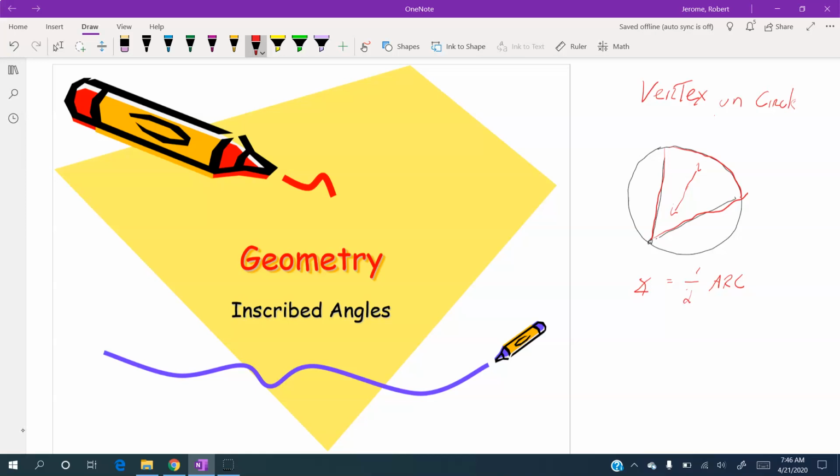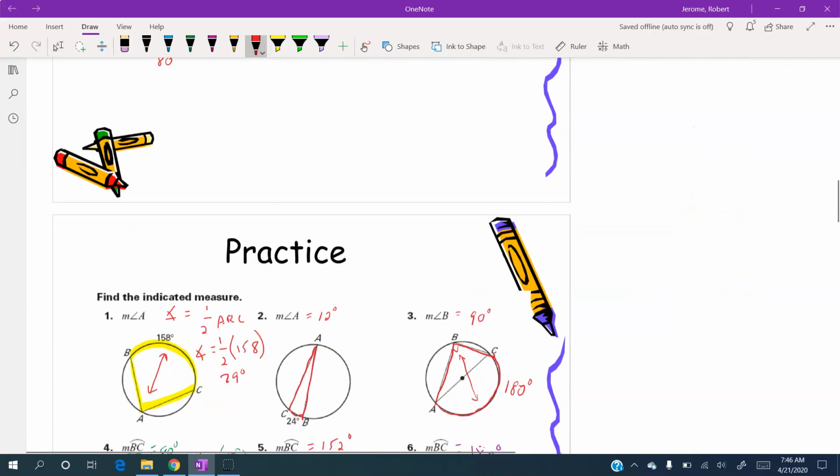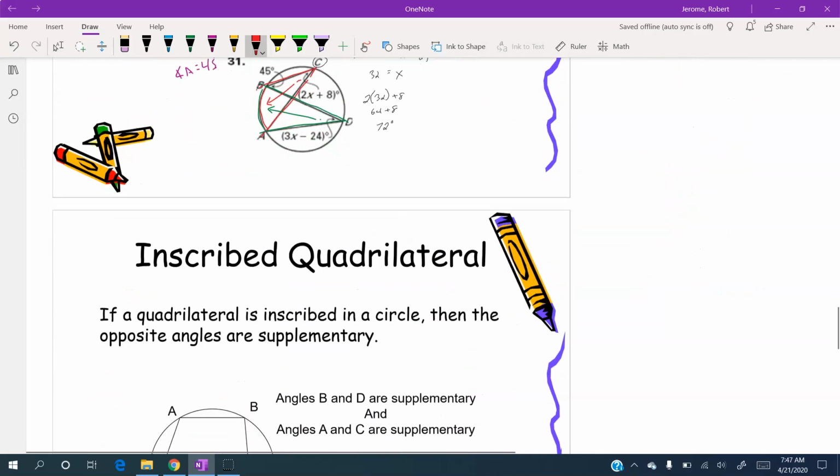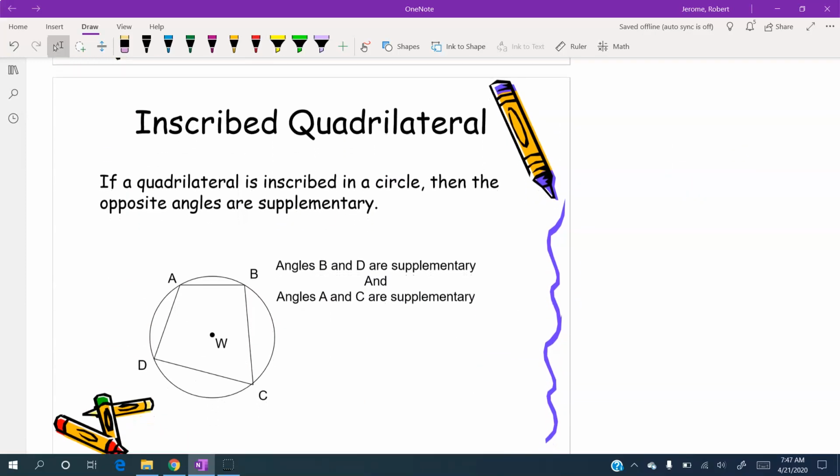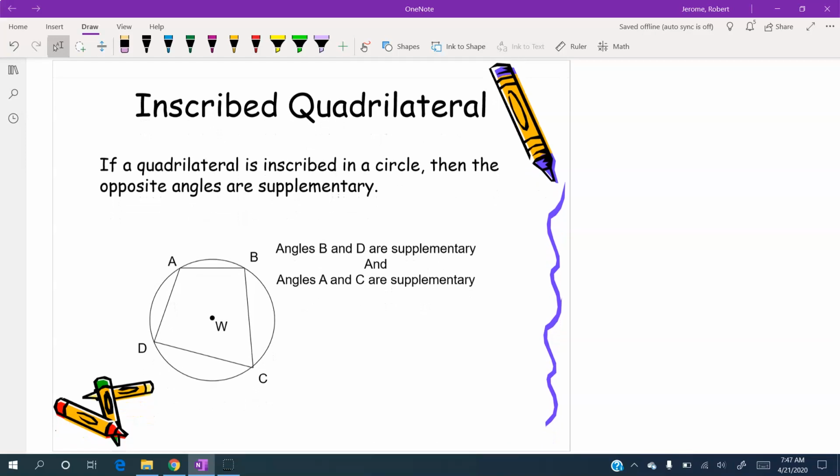We're going to use the same notes. We're just going to scroll all the way down to where we left off with an inscribed quadrilateral. Now remember, inscribed just means drawn inside with the vertices on the circle. So here we have a quadrilateral, a four-sided figure, drawn inside with the vertices on the circle.